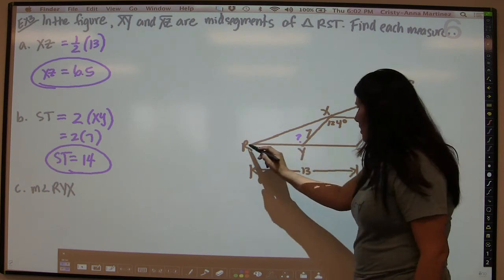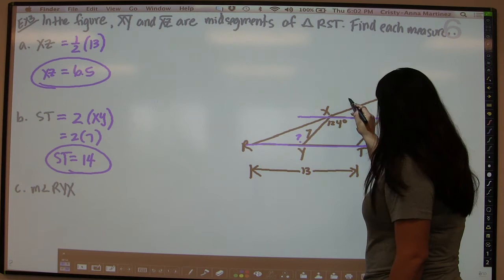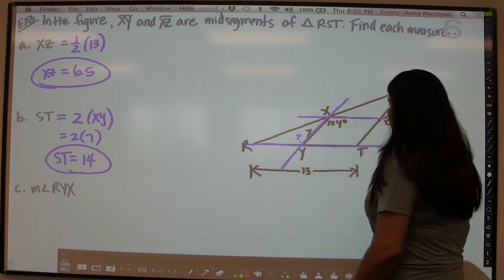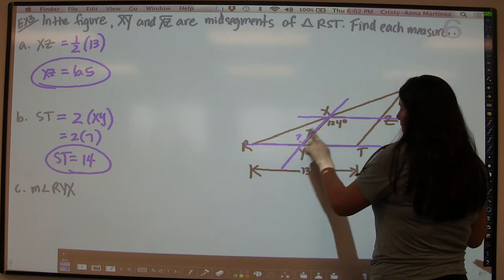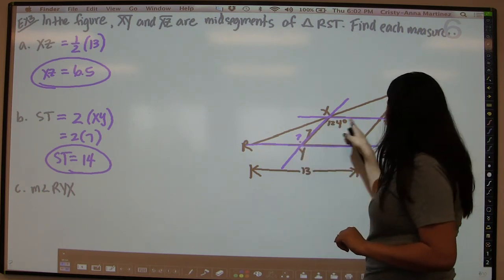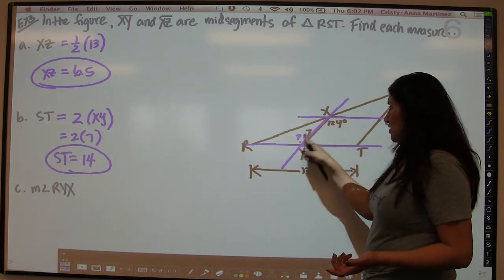So I just want to reemphasize here, we've got 2 parallel lines cut by a transversal. And so what we have here is that angle RYX ends up being an alternate interior angle with YXZ, which we know is 124. So that means that the alternate interior angles are congruent.